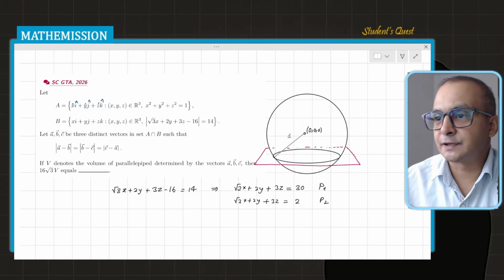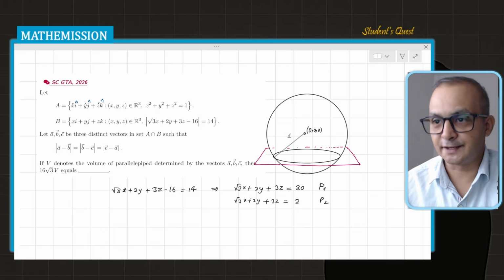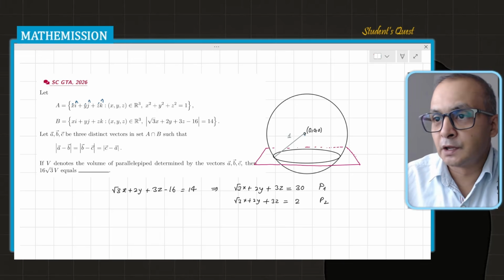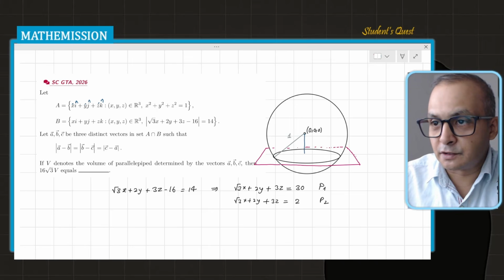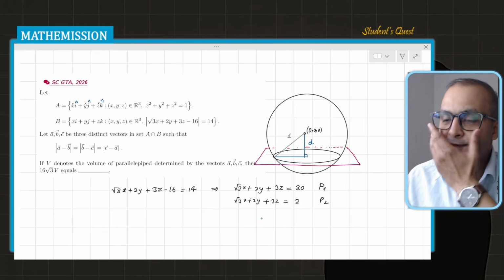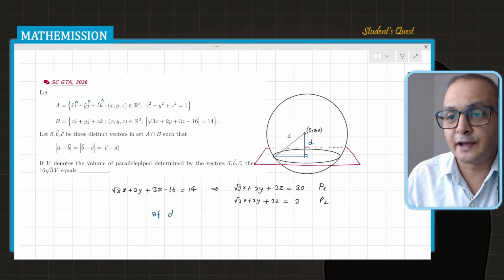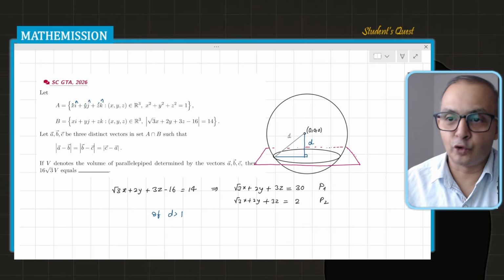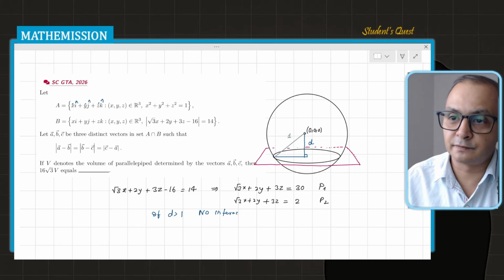For that there is a very simple litmus test: we can find the length of the perpendicular drawn from the center of the sphere to that plane. Let's call this length the distance d. If d is greater than the radius, which is 1, then there is no intersection, no interaction.